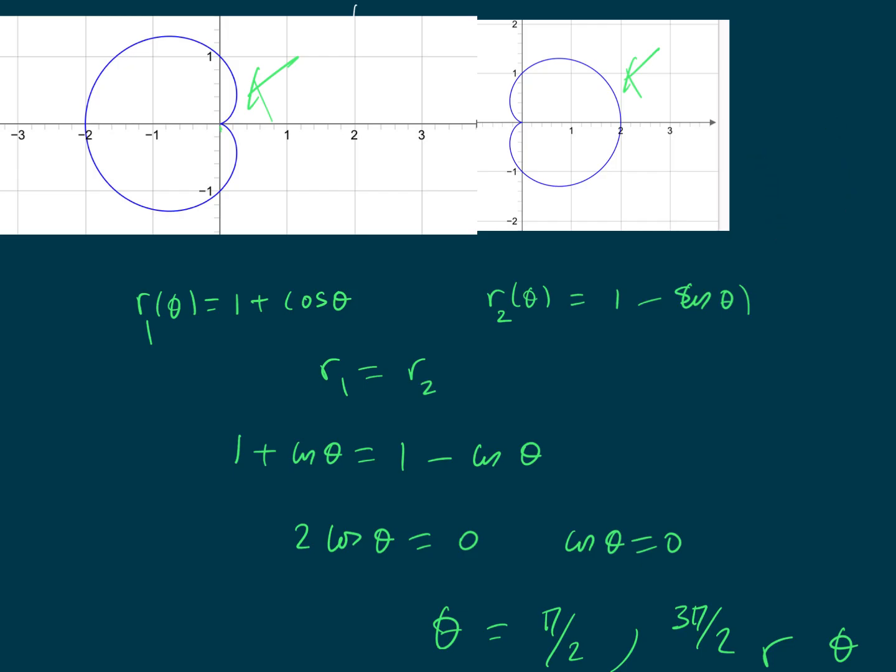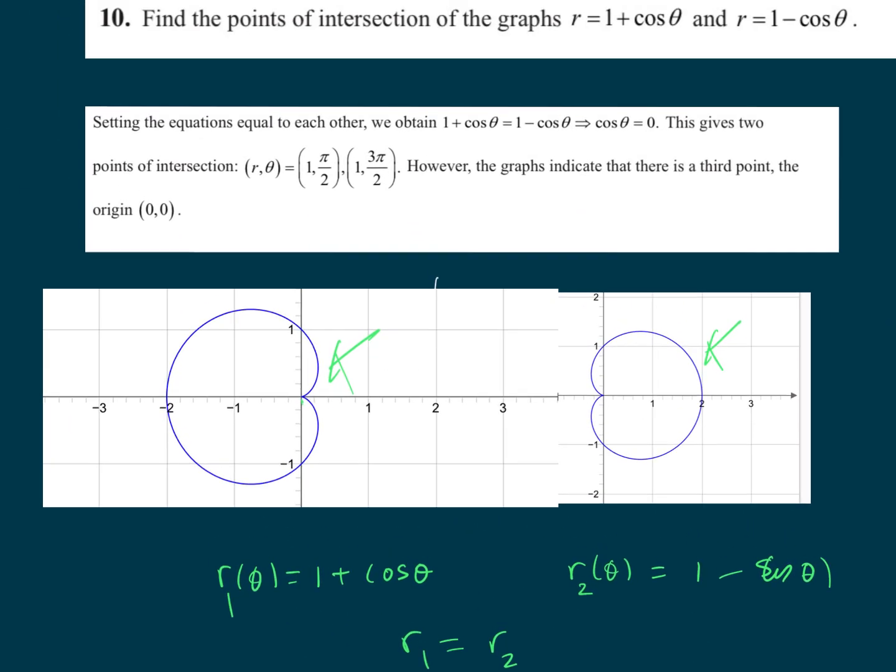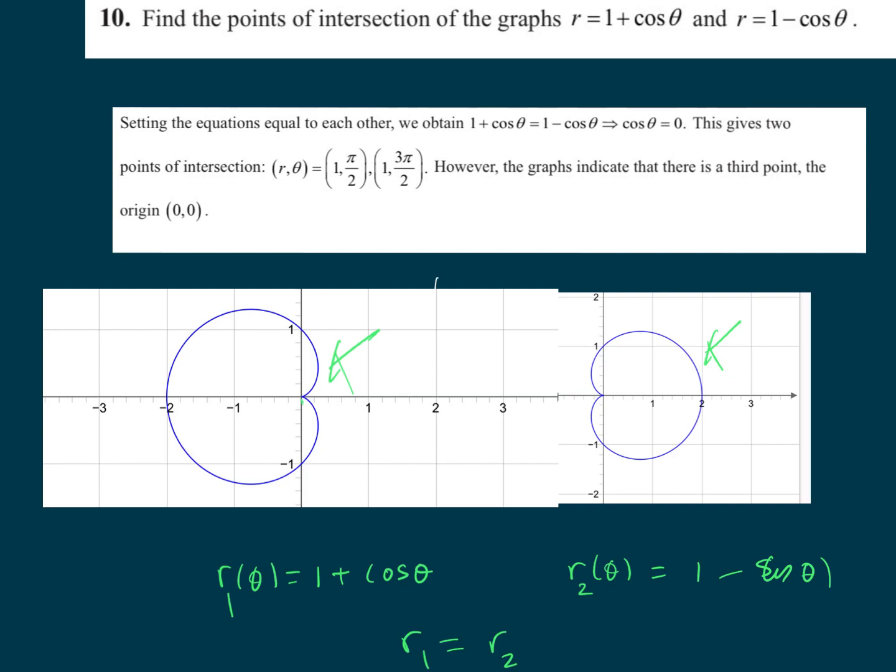This is what we have solved. Let me see if I have solved it correctly. However, this gives you two points of intersection, but the graph indicates that there is a third point, the origin 0, 0.